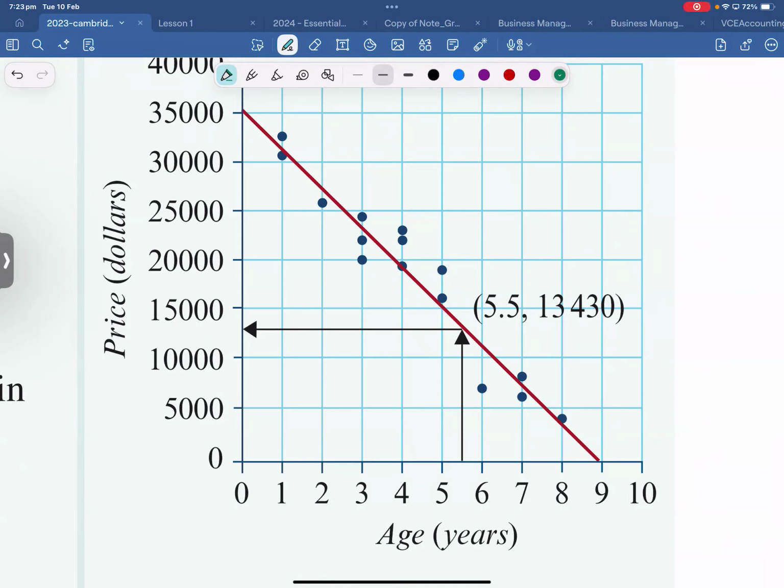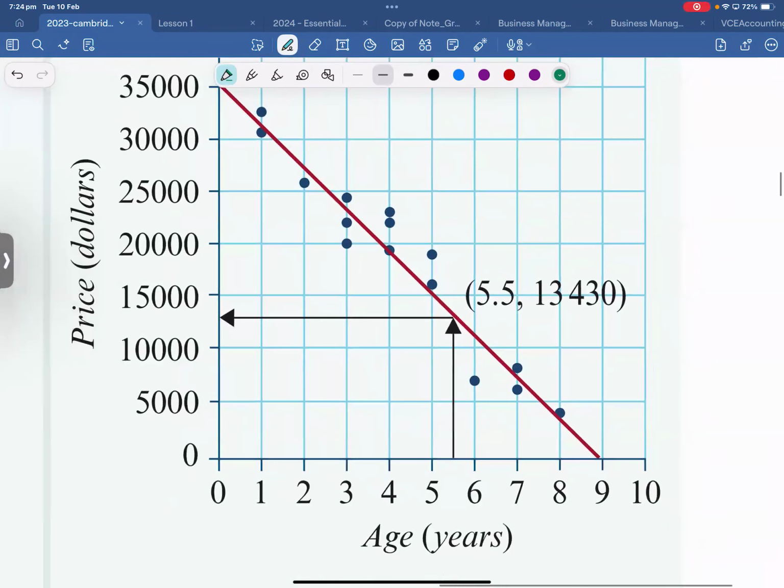What does that mean? For example, have a look at this. The regression line is always an estimation. Let's say a car is 6 years old. What would be its value based on the regression, based on the estimation?